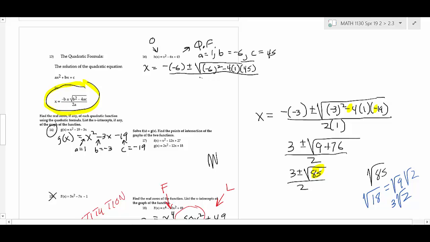And then that would be all over 2 times 1. Okay? So once you get a, b, and c put in, then it's just a matter of performing the arithmetic. So what you'd have is 6, and then underneath the radical, you would have 36. -6 squared is 36. If you take 4 times 45, that's 180, over 2.